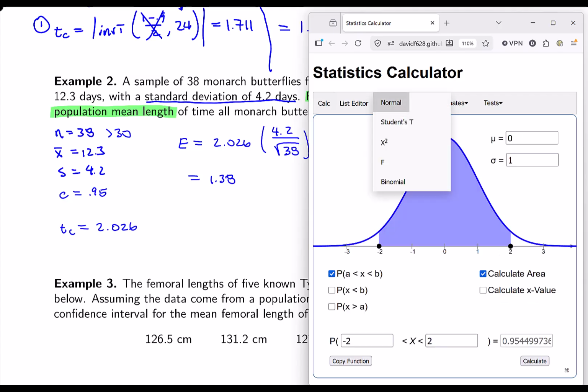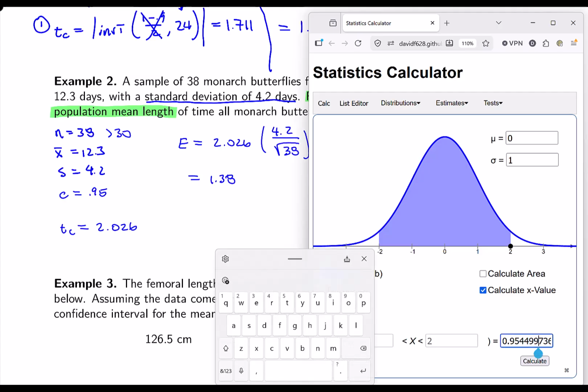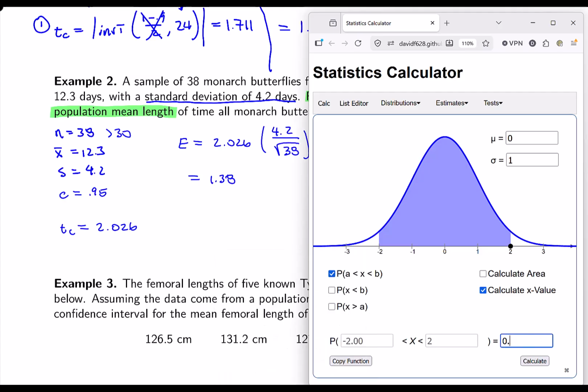So if I use the normal distribution and calculated the z-score that is balanced about the mean for 95%, that z-score is 1.96, which is a little bit smaller than the 2.02.